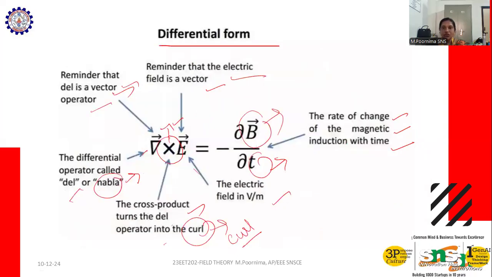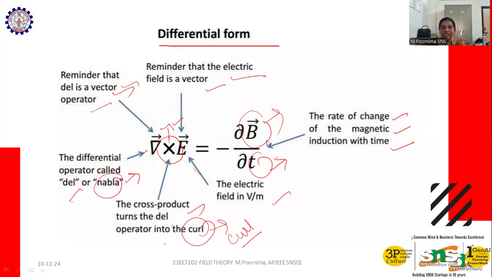In the differential form, the curl of the electric field intensity is equal to minus the rate of change of magnetic flux density with respect to time. So this is what we have seen today.